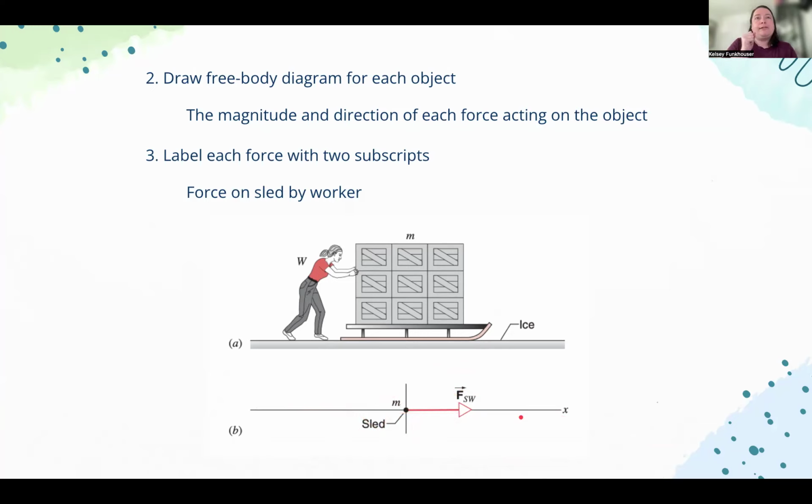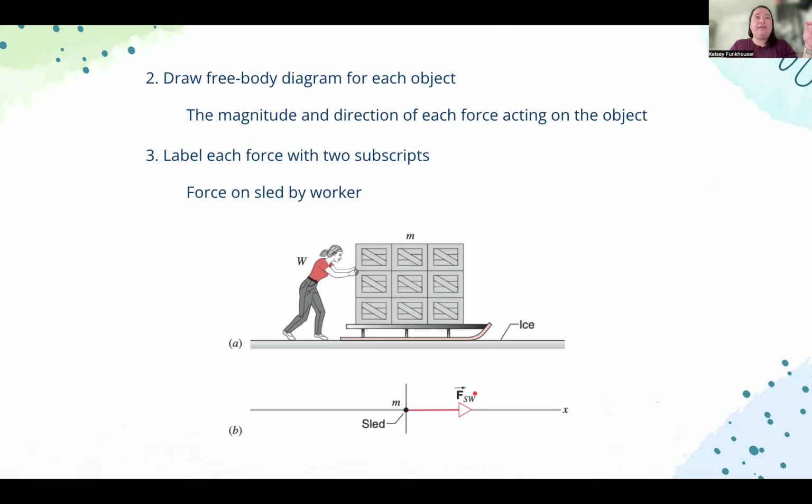This is where that particle model comes into play. You simplify your object down to a dot and put it at the origin of a coordinate system, and then you draw the forces acting on it. In our case, there's only one force that we're paying attention to anyway, and it's the force on the sled by the worker, and that is pointing to the right.